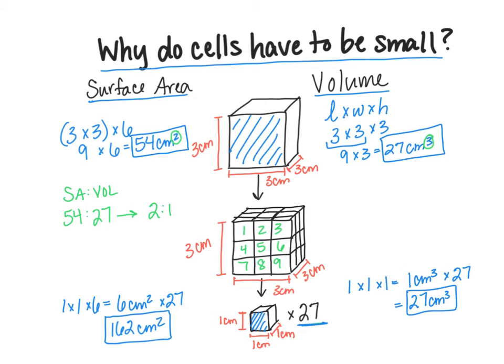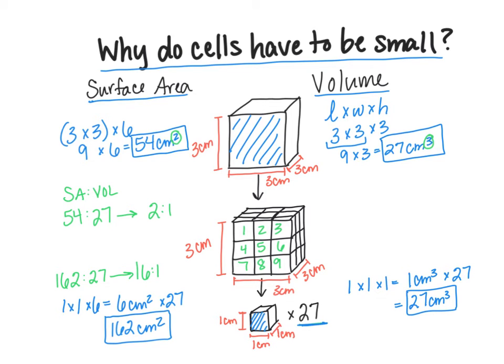Now, if we look at the example at the bottom where we've taken this large cube and we've cut it down into smaller pieces, we've altered the surface area but not the volume. So now the new ratio is 162 centimeters squared relative to our 27 centimeters cubed. And once again, we can reduce that ratio just like we can reduce a fraction, which changes it to a surface area to volume ratio of 6-to-1.